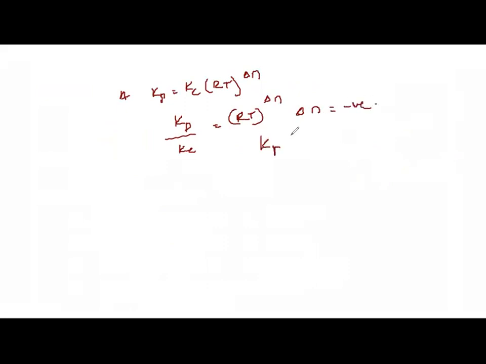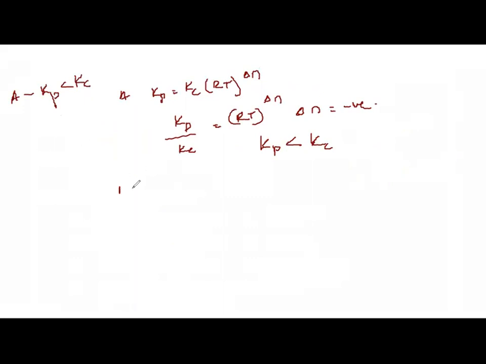For option A, Kp is equal to Kc RT delta N. Kp by Kc will be equal to RT delta N. And what is delta N here for the reaction N2 plus 3H2 gives 2NH3? It is negative. If it is negative, Kp will be less than Kc. So option A is Kp less than Kc.